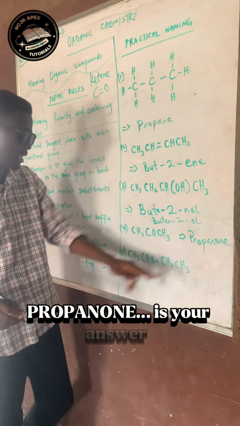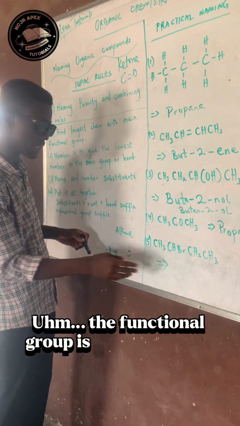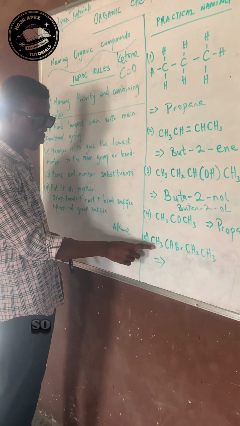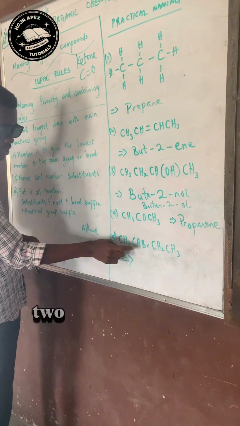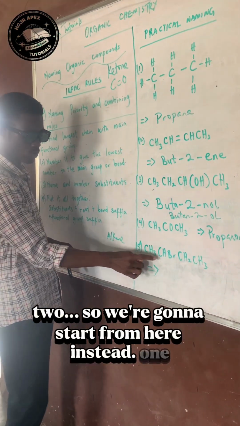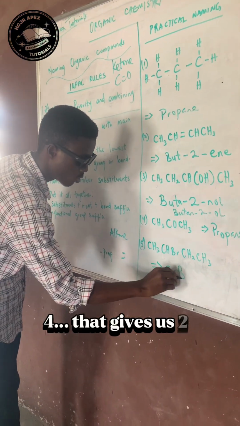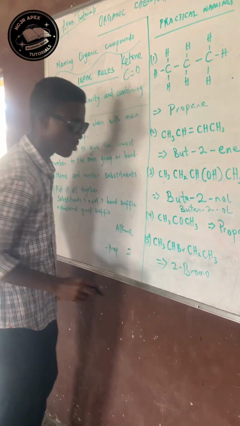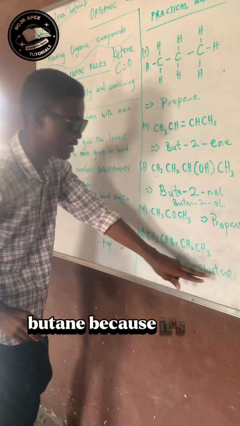Propanone is your answer. The last one, the functional group is a single bond. Starting from here, 1, 2, we can also start from here, 1, 2. So we're going to start from here instead: 1, 2, 3, 4. That gives us 2-bromobutane. Butane because it's an alkane family.